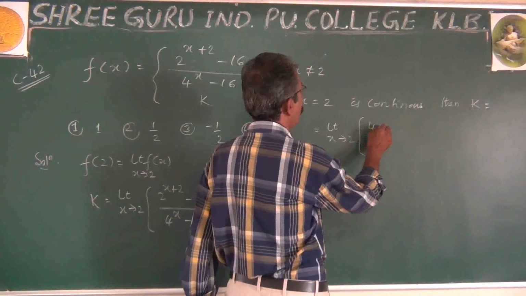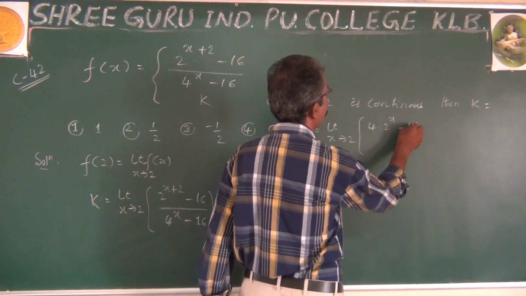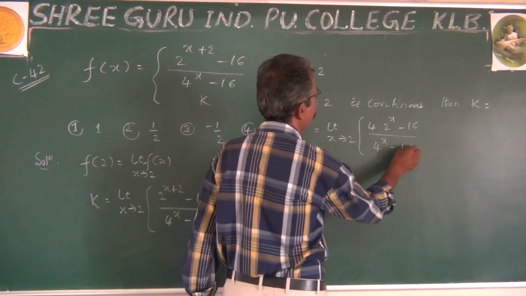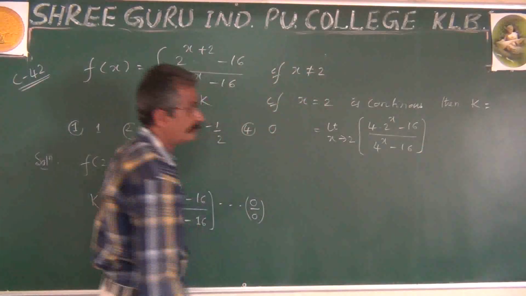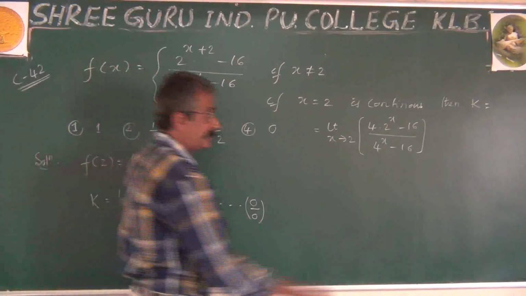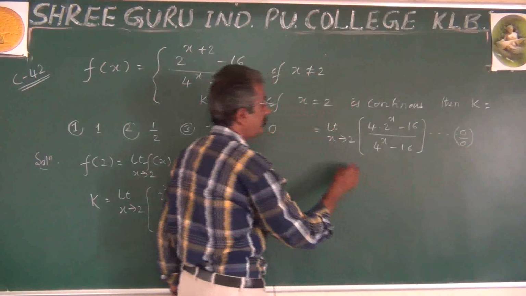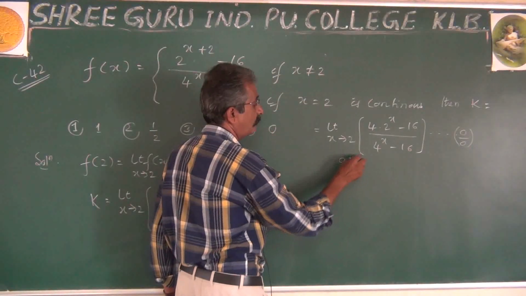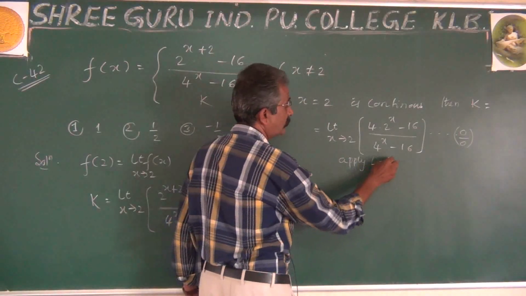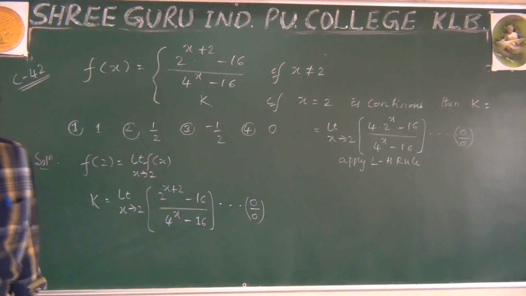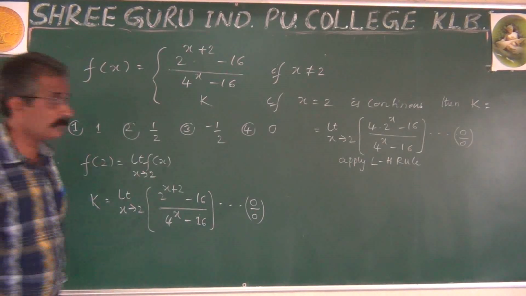Means it is 4 into 2 power x minus 16 divided by 4 power x minus 16. It is in 0 by 0 form. Let's apply L'Hospital rule.